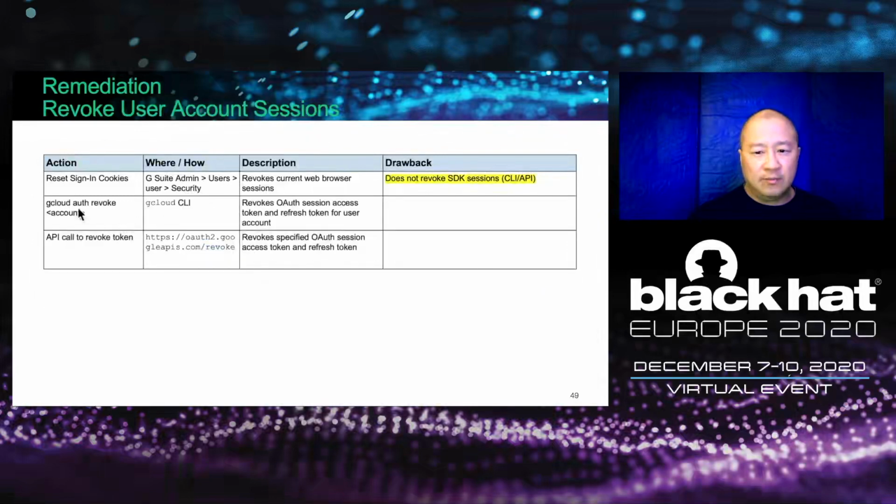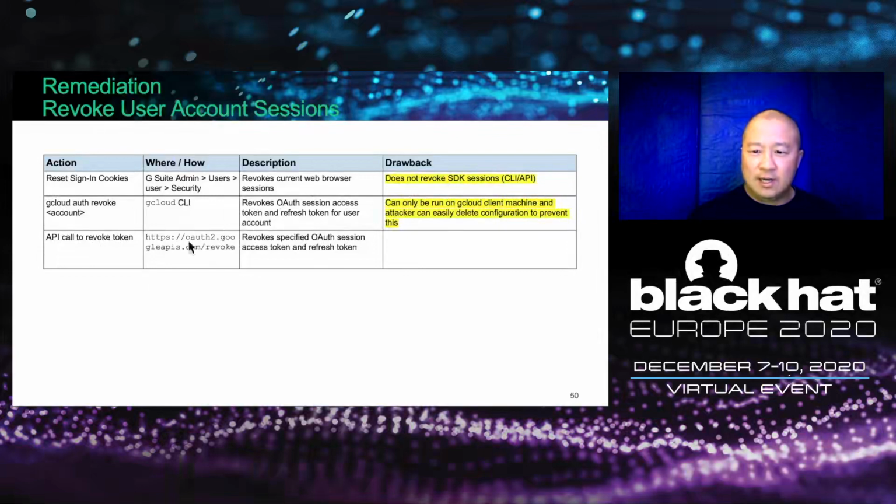There is a CLI command, auth revoke, where you pass in an account name, as well as an API where you pass in a token. They do work, but not quite fully, and they're not viable. Why? What this CLI command does underneath is it looks up the account in the local credential cache, the same one we've been talking about. It finds the OAuth session token.